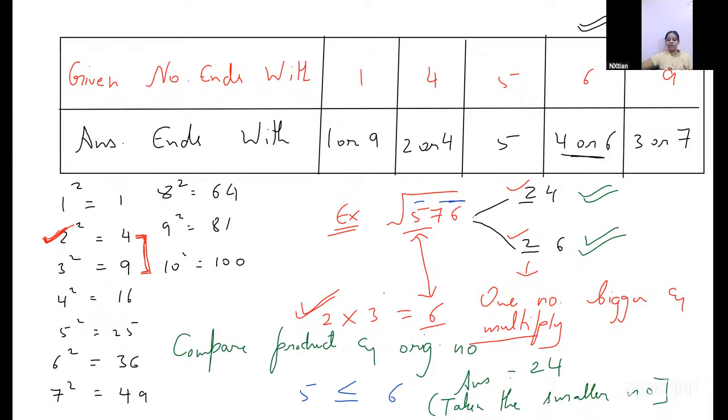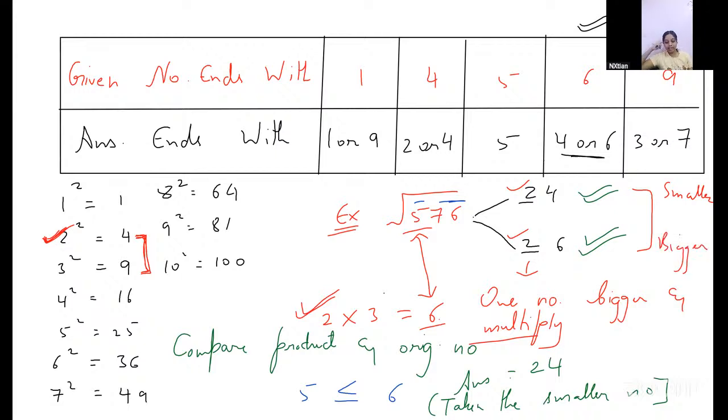Now I will compare the 6 that I got, the product, with the original number that is 5. In this case, the product that is 6 is greater than 5. So when 6 is greater, out of these two, this is the smaller number and this is the bigger number.